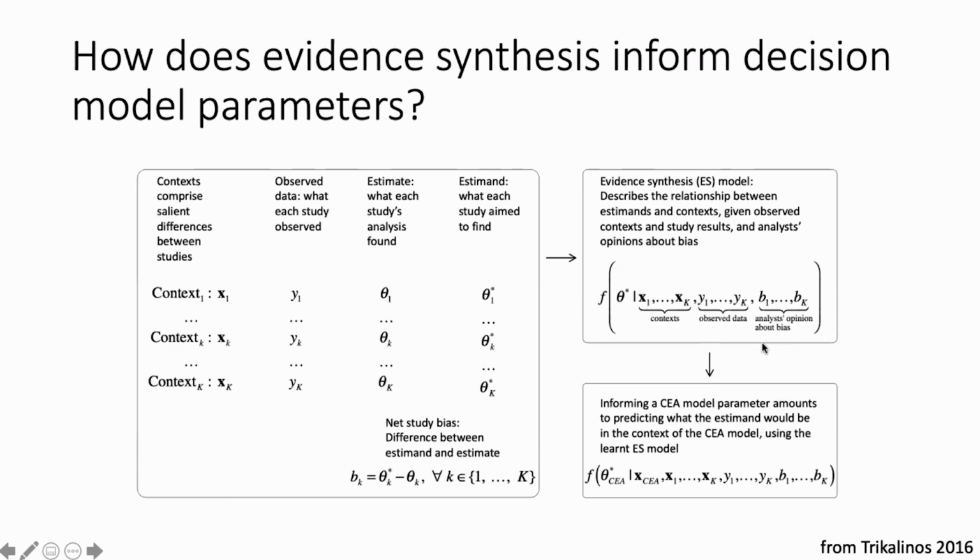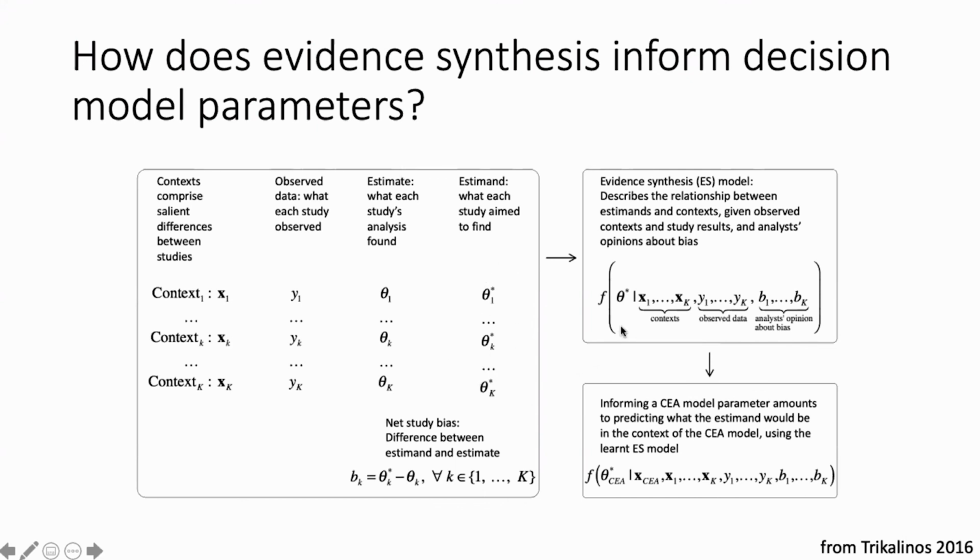And this essentially means that in the most general case, we have various studies that pertain to different contexts. They observe data, and from these data deviate from what the studies estimate, and because of bias, what the studies estimate deviates from what the studies wanted to estimate.